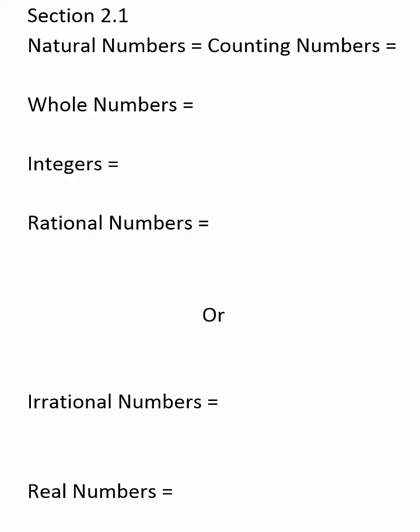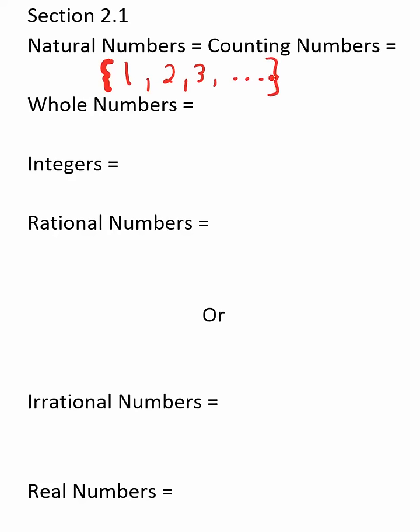The natural numbers, or the counting numbers, are the set of numbers that we count with, and so that would be the numbers 1, 2, 3, dot, dot, dot.